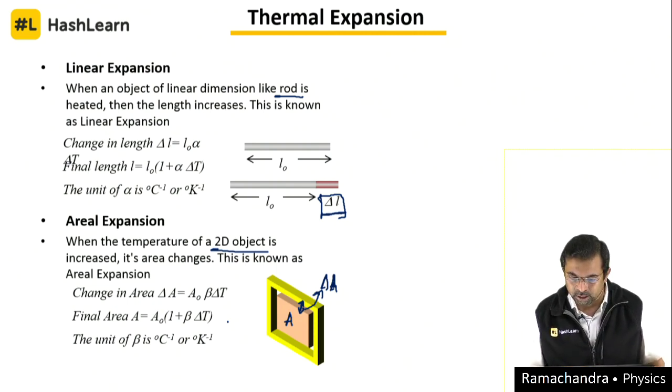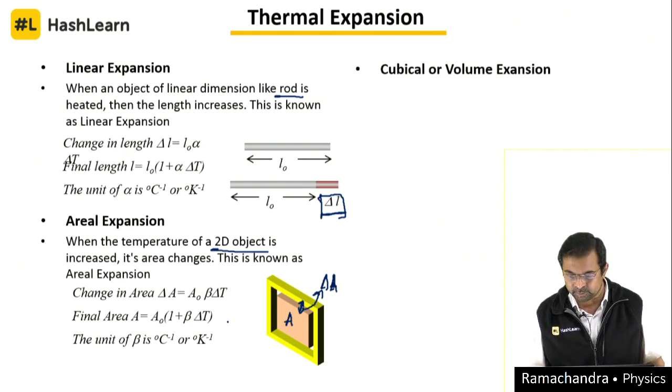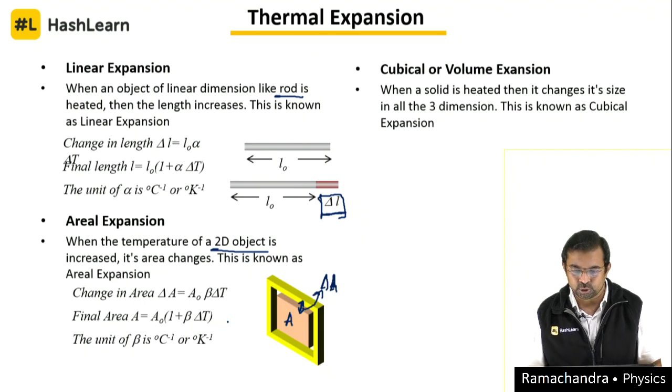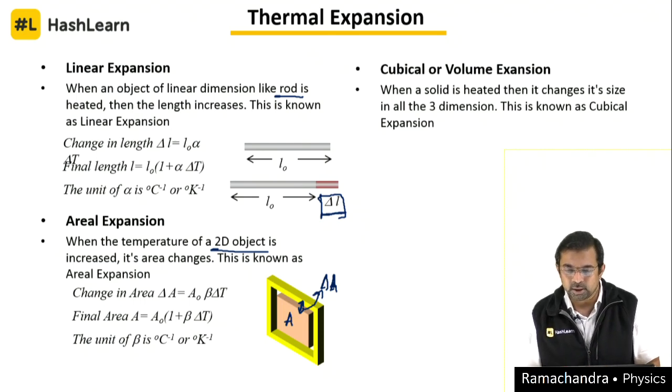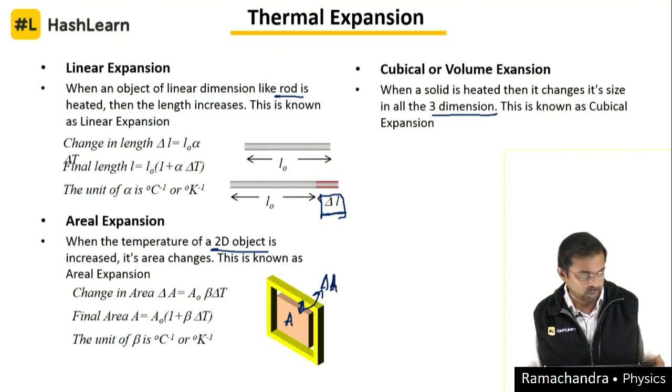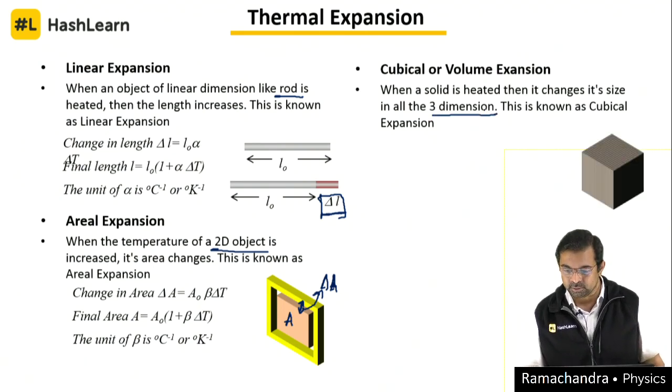Now the third one is cubical or volume expansion. When a solid is heated, it changes its size in all three dimensions. This is called cubical expansion. Let's assume this is a solid cube.